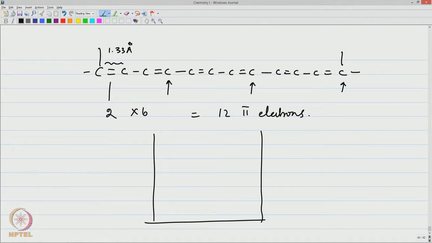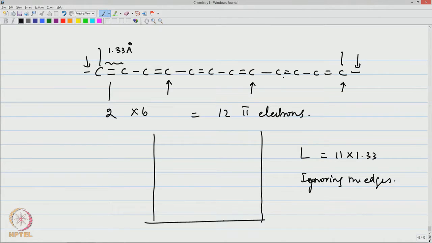So, there are 1, 2, 3, 4, 5, 6, 7, 8, 9, 10, 11 bond lengths. Therefore, the length of the box is 11 times 1.33, ignoring the edges.